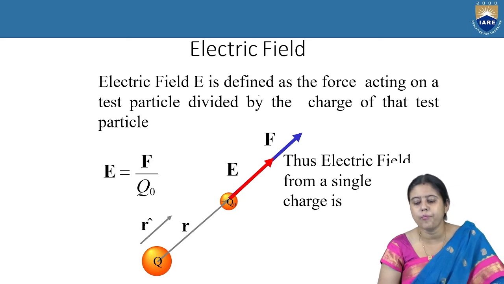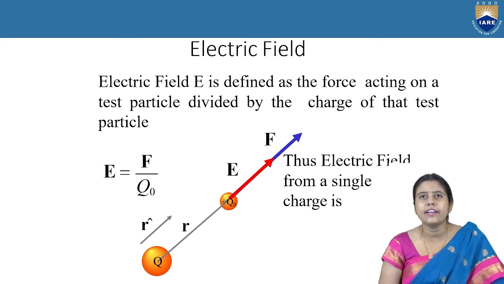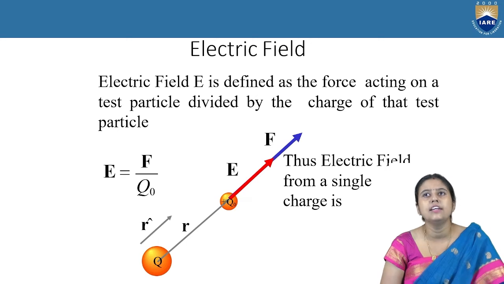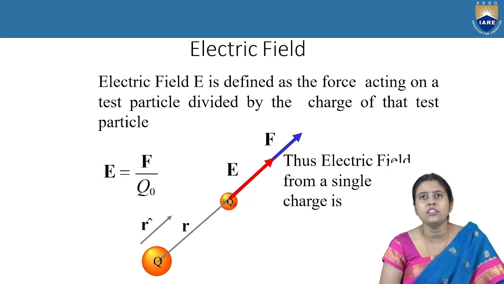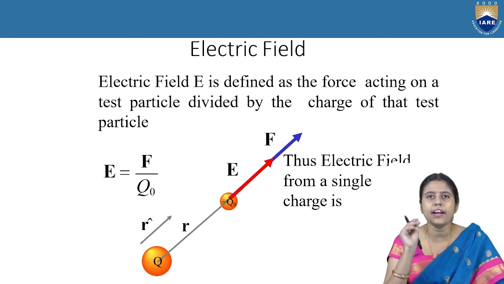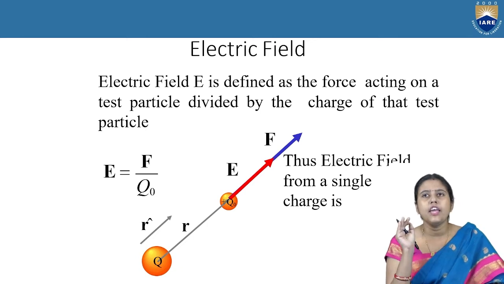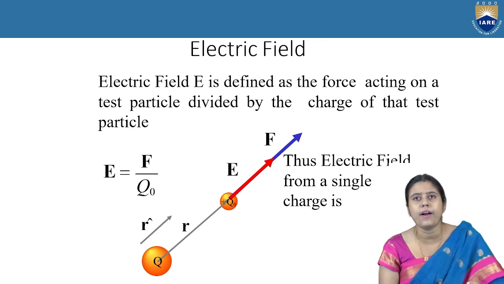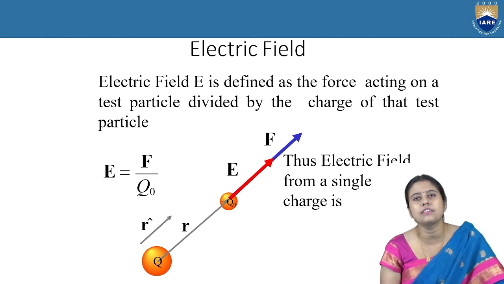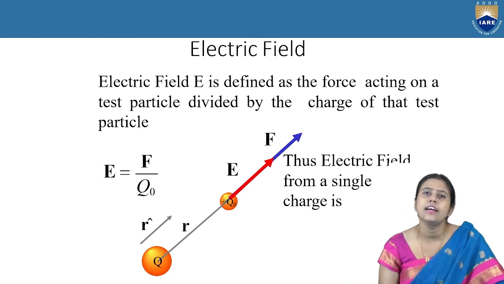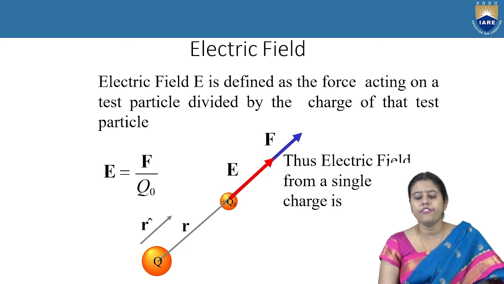So, what is electric field? Electric field is defined as the force acting on the test particle divided by the charge of the test particle. If we keep any test particle in any point, it will feel some force, and this area is known as the electric field.